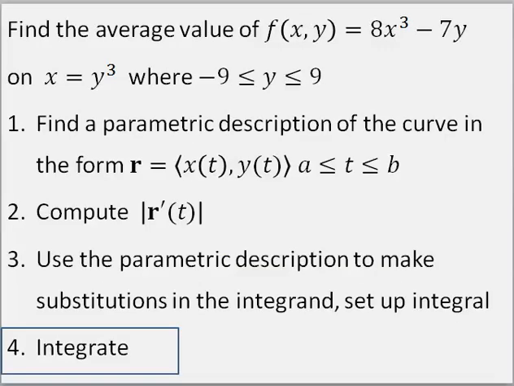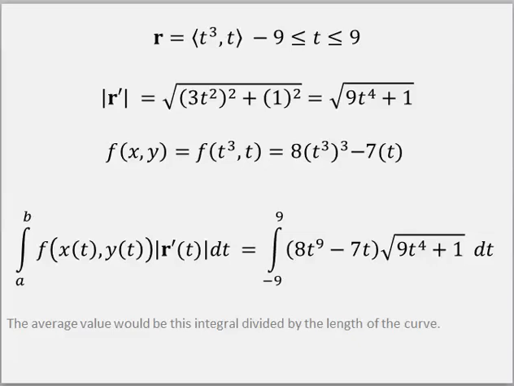And we're ready to integrate. We substitute for f, we substitute for the magnitude of r prime. We notice that t is running between -9 and 9, and then we integrate. The average value would be this integral divided by the length of the curve.